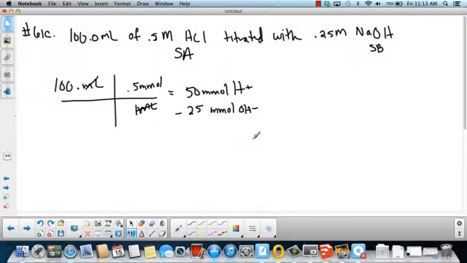Okay, so all I then have to figure out is that I have 25 millimoles of hydrogen ion left. All the hydroxide is going to be neutralized, so there's nothing left there. And then all I have to do is take that new amount, divide it over the new volume, okay?